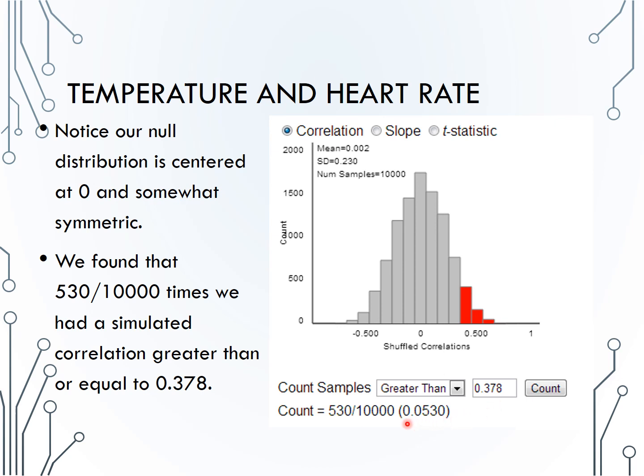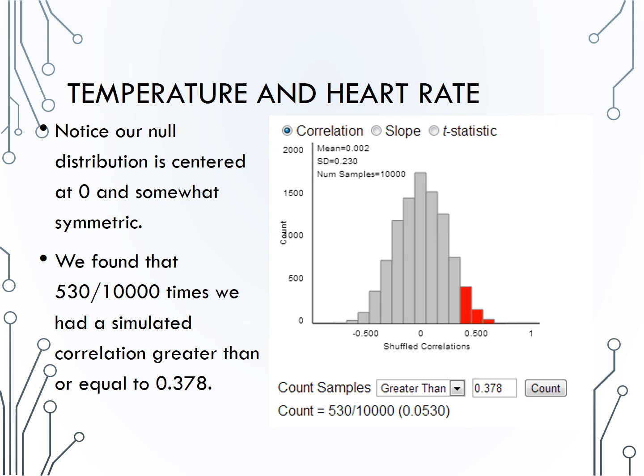Here we would get a p-value of 0.053, or we found that 530 of 10,000 simulations had a simulated correlation coefficient greater than or equal to 0.378, with each simulated correlation coefficient assuming no relationship between body temperature and heart rate.